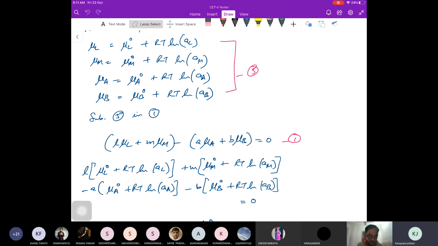So if you substitute this, what you will get is l into bracket mu L 0 plus RT ln a L, plus m into bracket mu M 0 plus RT ln a M, minus a into bracket mu A 0 plus RT ln a A, minus b into bracket mu B 0 plus RT ln a B, and that is equal to 0.